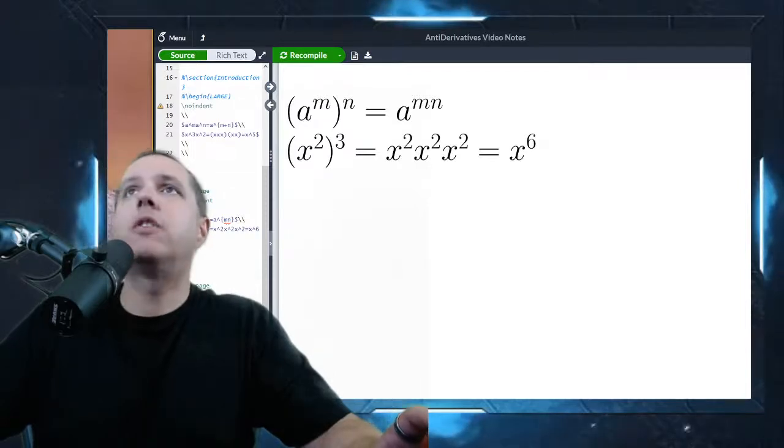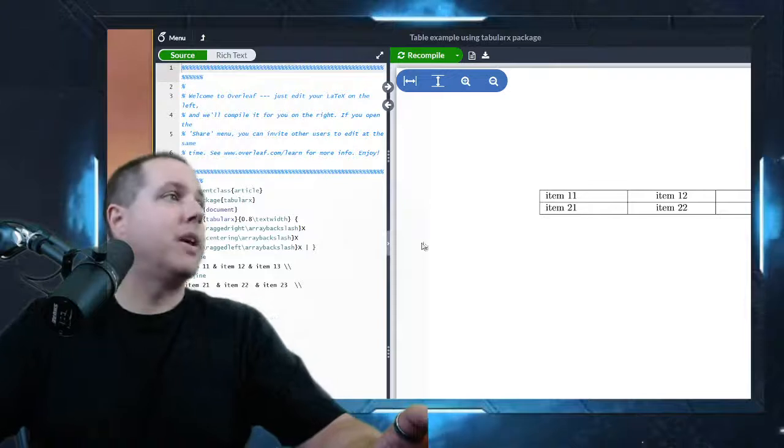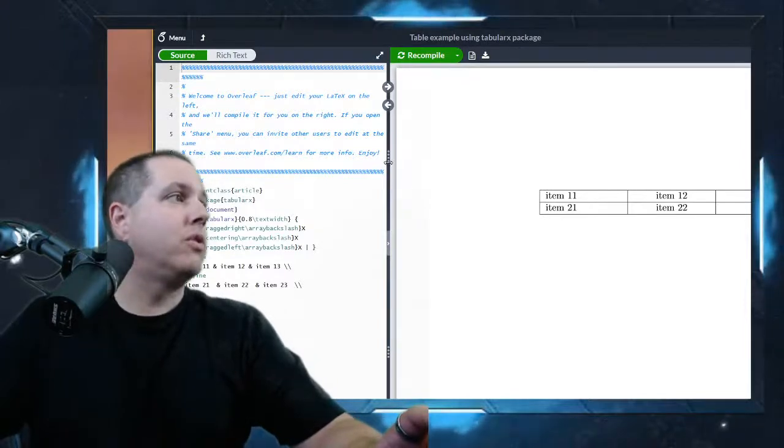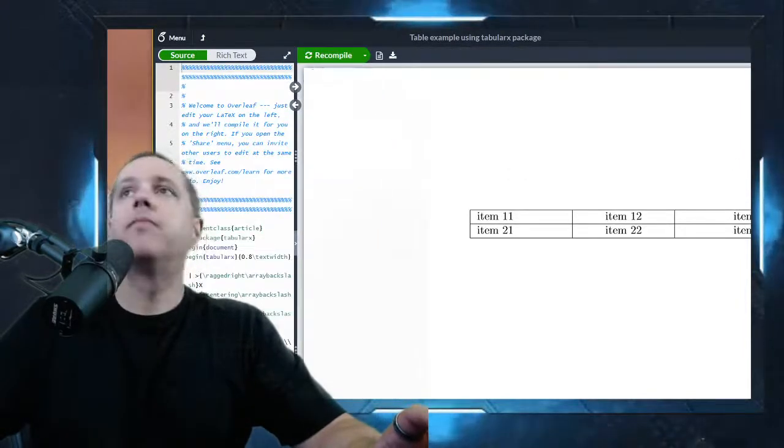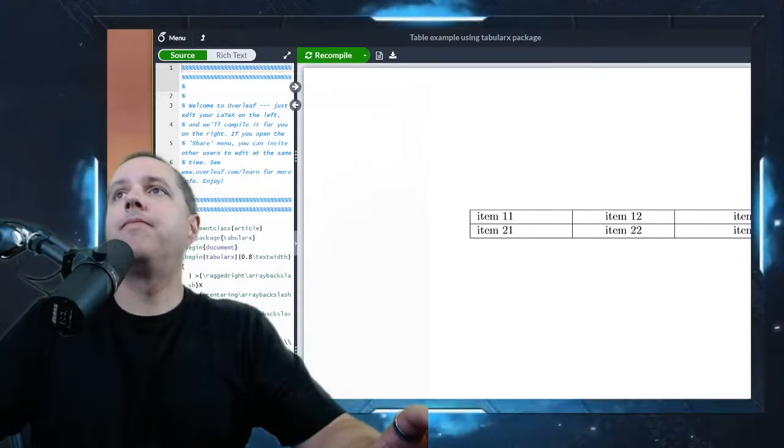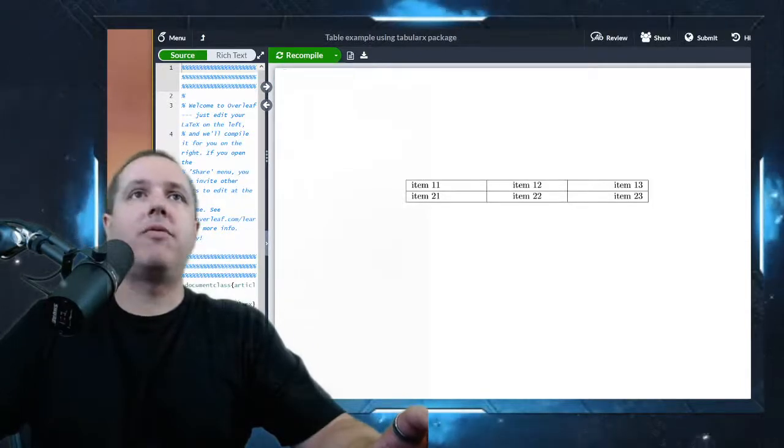Here, let's switch over to this other one. Actually going to show you a pattern here. So give me 1 second to modify this.